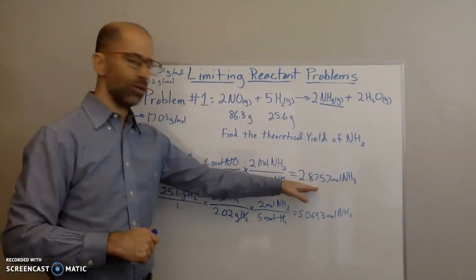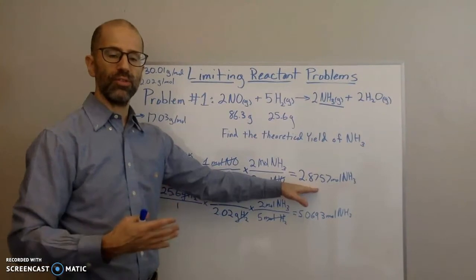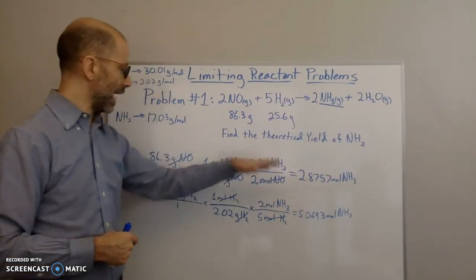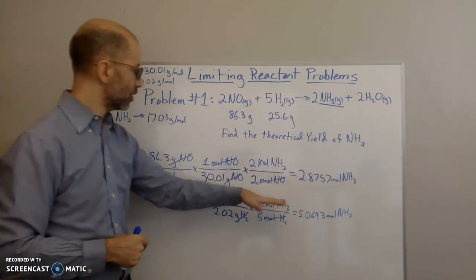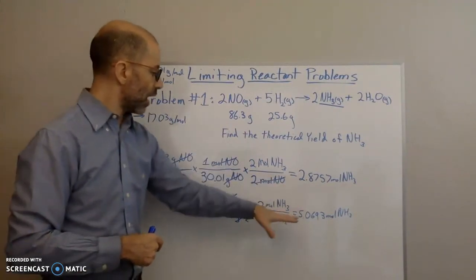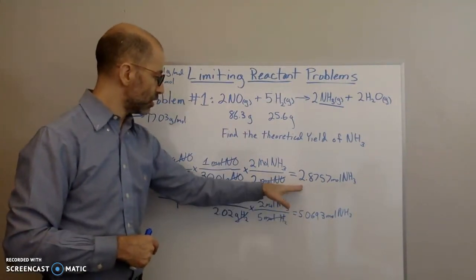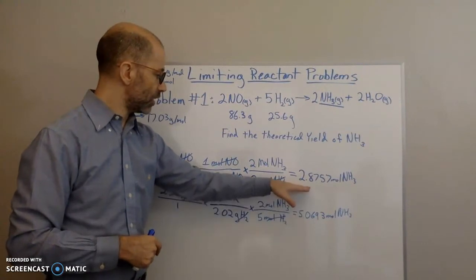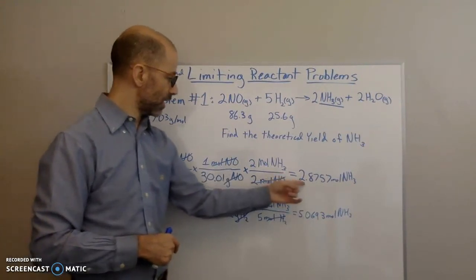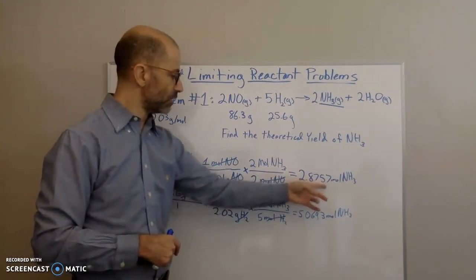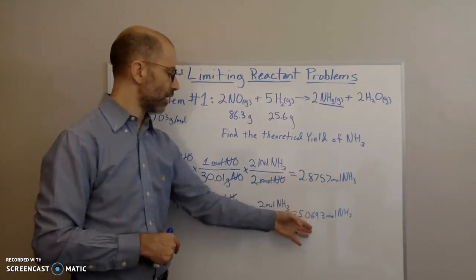And the one that produces the lesser amount is the one that's going to run out first. Because as the reaction is going, I can produce this amount of NH3, but it's going to hit 2.8757 moles of NH3 before it hits 5.